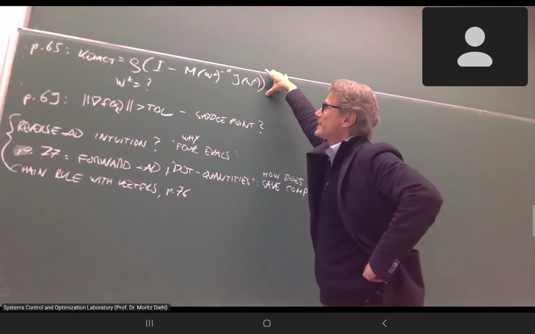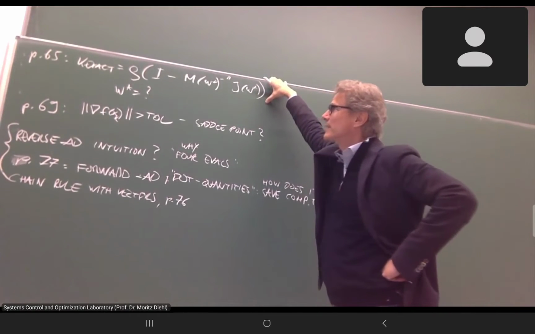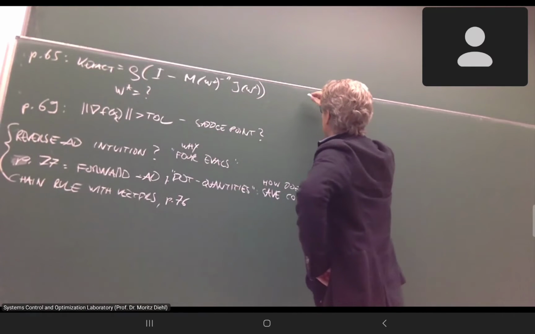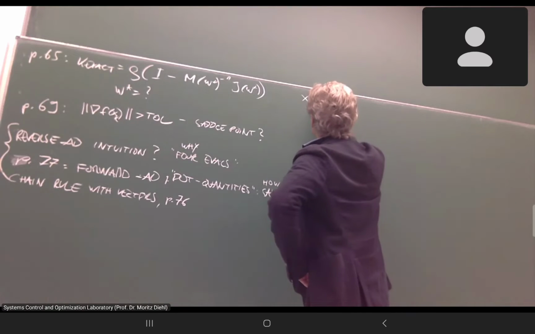So, the first question was about the exact contraction rate. And we had a formula that says if you have a Newton-type method, and you remember that was like this.